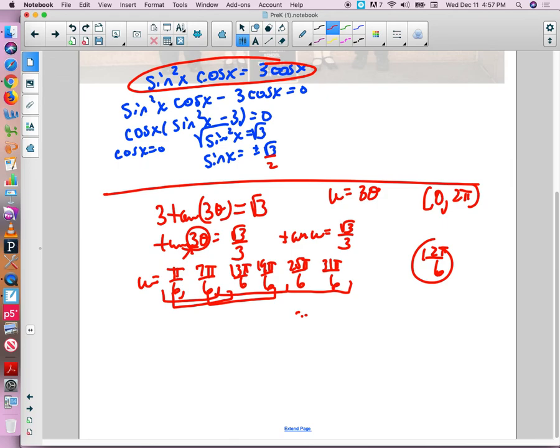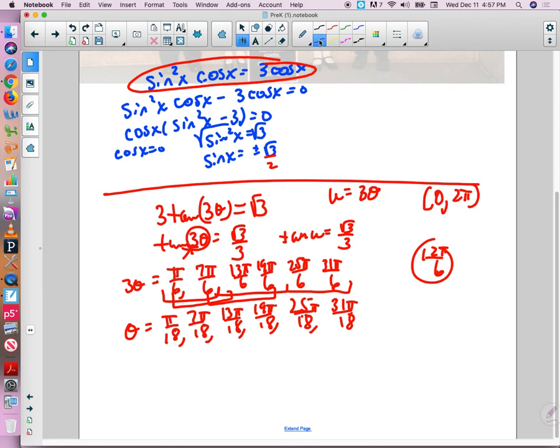Now I'm going to take u back out and put 3 theta in and divide all these by 3. Pi over 18, 7 pi over 18, 13 pi over 18, 19 pi over 18, 25 pi over 18, and 31 pi over 18, which all make it between 0 and 2 pi.